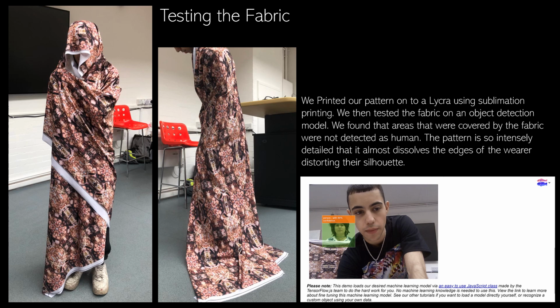So we test the fabric using an object detection model. And what this model does is it will give you a percentage of how well it can detect whether something's human or not. And so what we found was that in areas that were covered by the fabric, it was either not reading them at all, or it was reading them as a different object, so not as human. For example, it would read them as a tie or a pizza or a remote control or something like that.